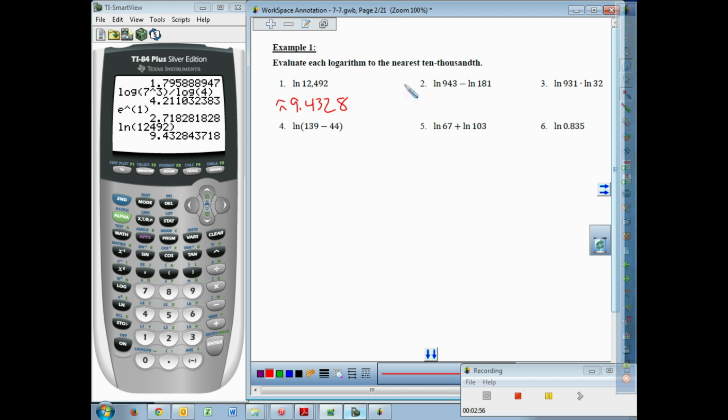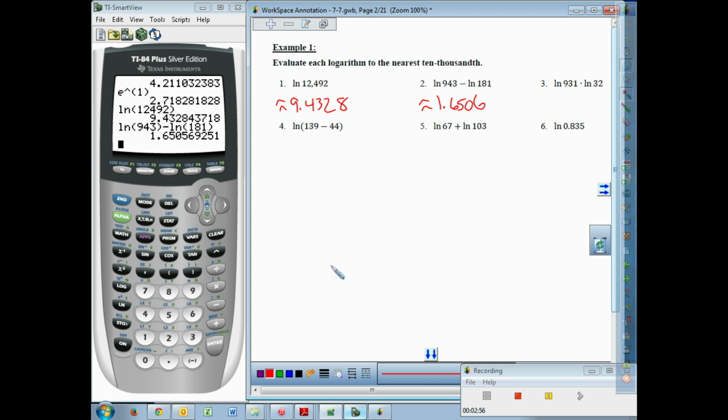You could say, well, I'll take the natural log of 943 divided by 181, but why not just punch natural log of 943, close the argument, minus natural log of 181. Either which way, since they're equivalent, should get you the same answer. So that is about 1.65006, right?